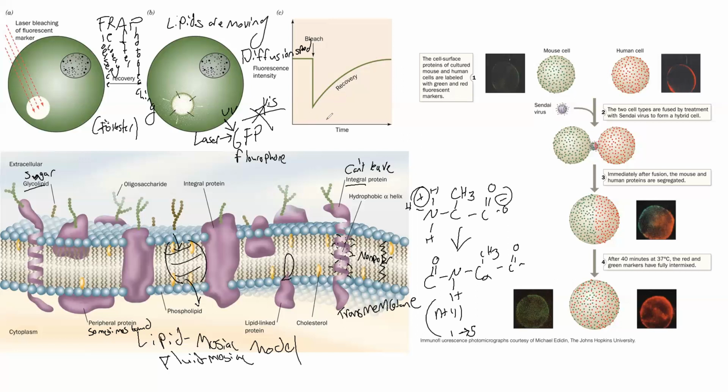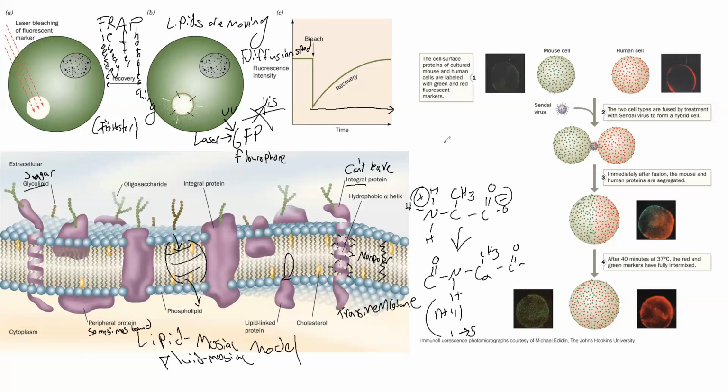If you had a protein or a molecule that wasn't free to diffuse, your line would just look like that because nothing could move into that spot. So that's FRAP. That's one way you can tell that the lipid was fluid.